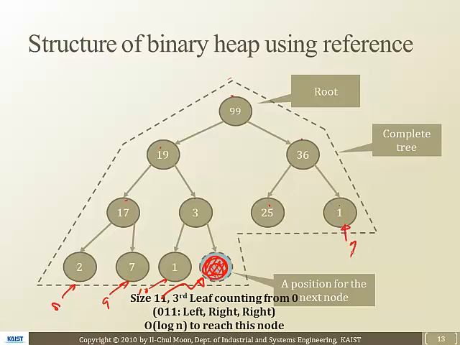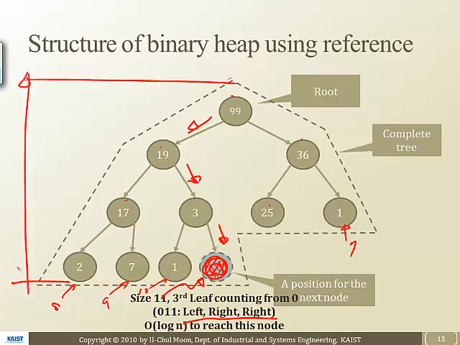And how do we navigate to size 11? How can we identify whether to navigate to the left, to the right, to the right? Actually, the navigation is always going to be order of log n, because this is the height, and it will take that many iterations.